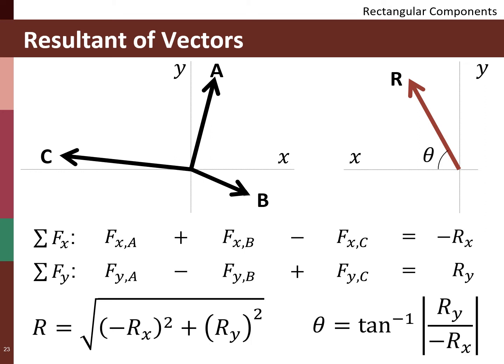And the direction theta is equal to the tangent inverse of the absolute value of r sub y over negative r sub x. Since r sub x is negative and r sub y is positive, then the resultant is found in the second quadrant. The resultant is therefore directed theta north of west.